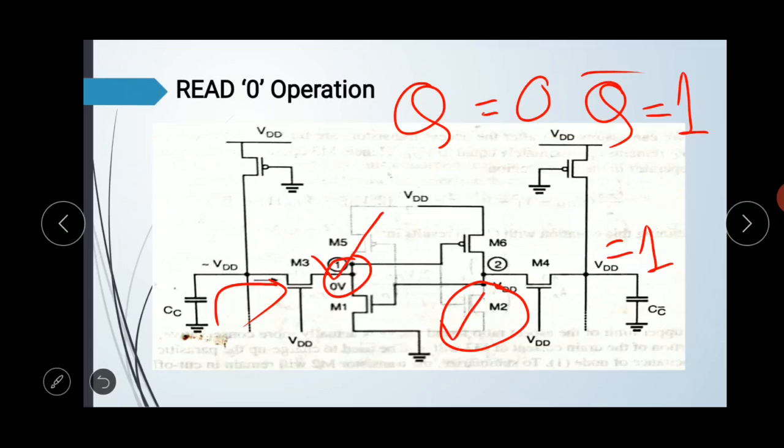If it increases beyond the threshold voltage of M2, then the stored data is destroyed. So we have to maintain the value.